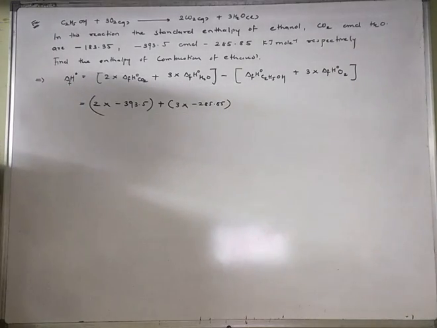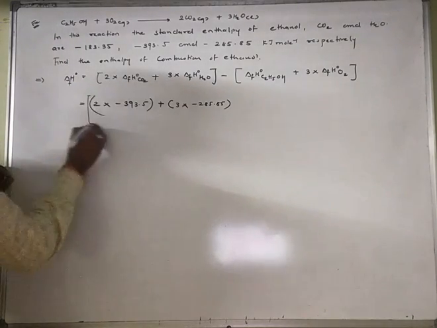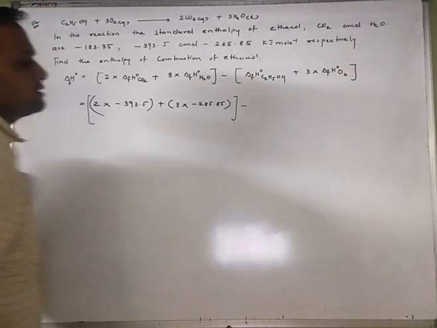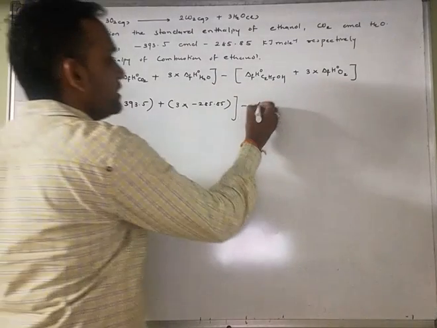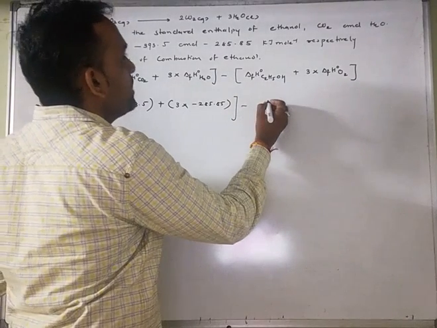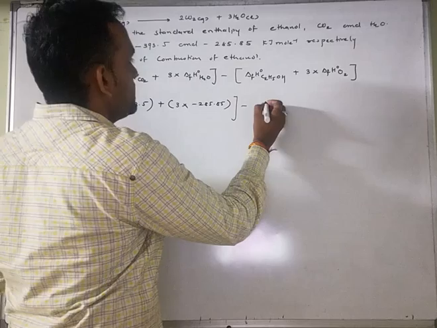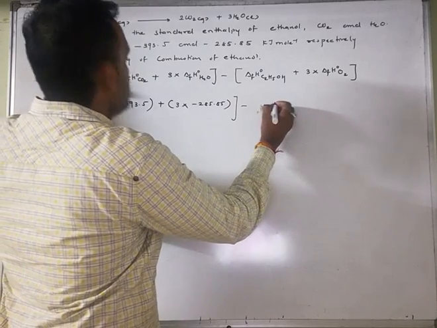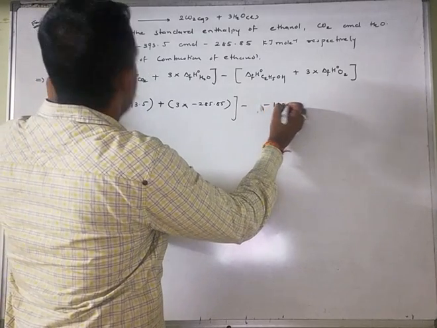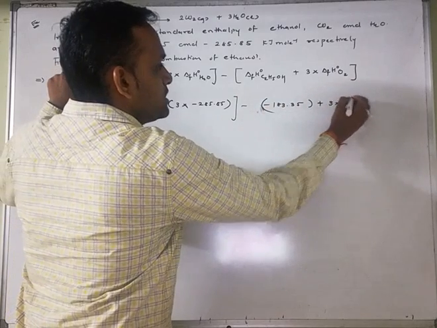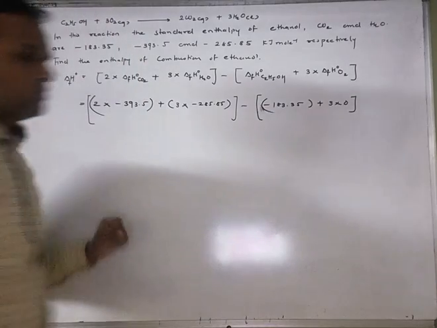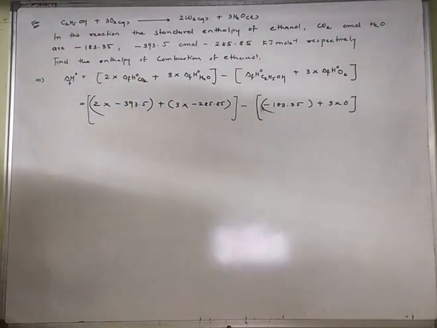Okay, right? Now this is first one completed. Minus इथेनॉल का डेल्टा FH0 यहाँ पे दिया हुआ है minus 183.35 plus 3 into 0, right? Okay, put the value you can get the answer.